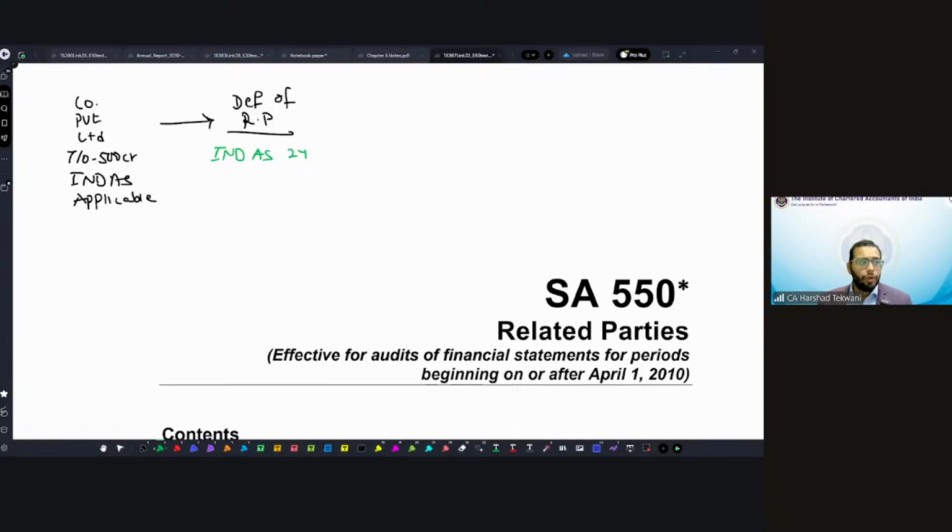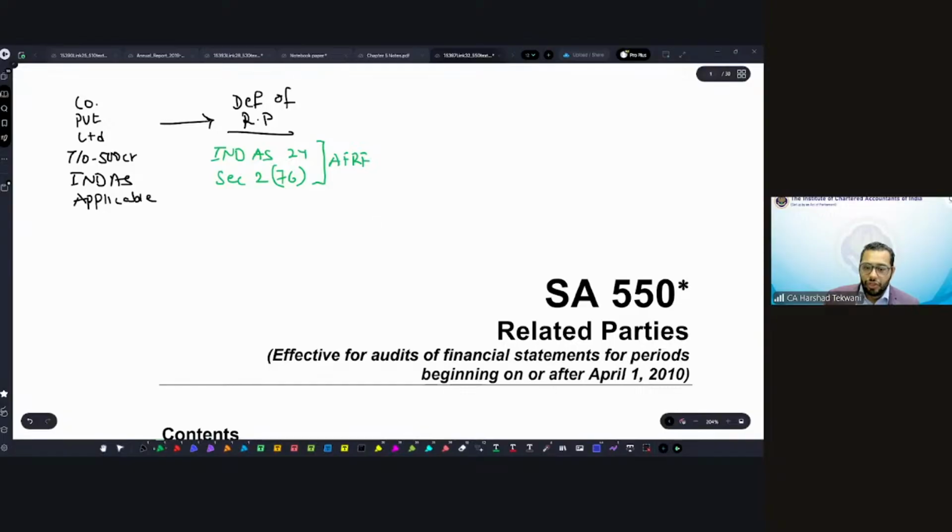Okay. So, yes, now I'll tell you. It's not only Ind AS 24, it is section 2(76) of the Companies Act, which talks about the term related party. So first of all, you need to understand what the applicable financial reporting framework is, and related party is a scenario which is defined at multiple places.